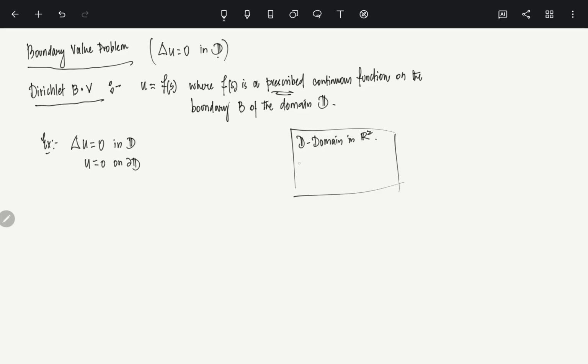I will write delta D to be the boundary of the domain. I hope you know what boundaries are. If you have an open unit ball as your domain, then the boundary is mod x equals 1 in this case. Clear? Okay.